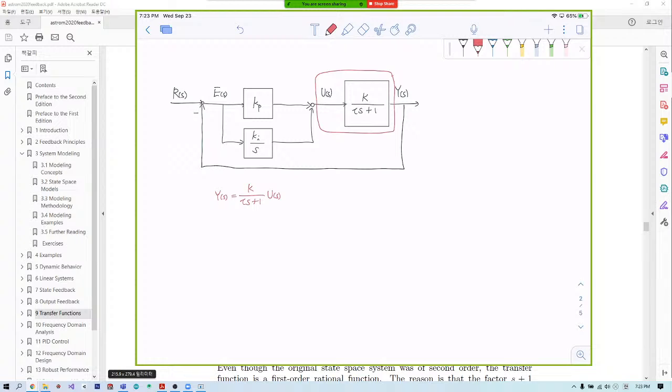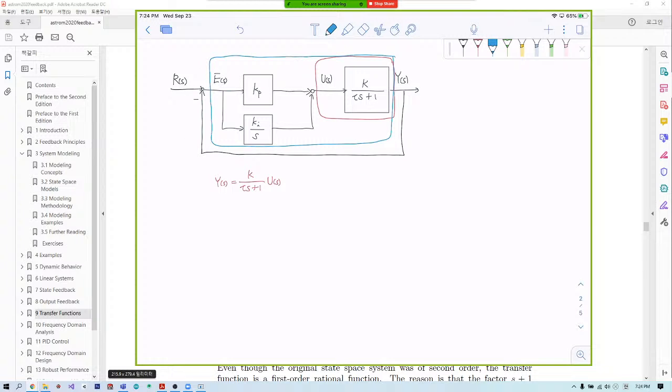And what is U of s? U of s is a linear combination of Kp times the error and Ki over s times E, the error. Okay. We have U of s equals Kp, I'm just going to factor out this error, plus Ki divided by s, multiplied with E of s.